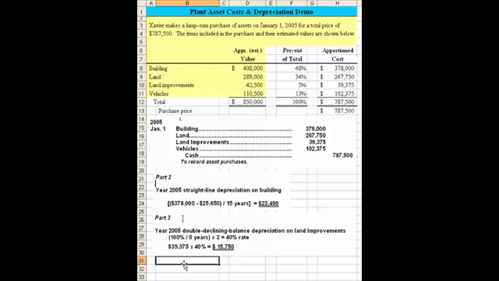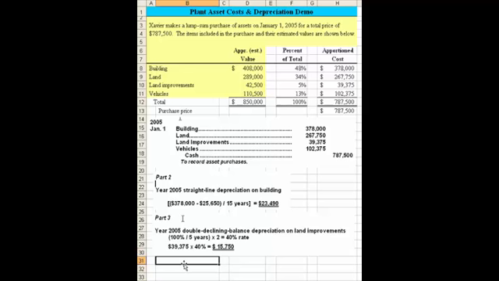We simply take the straight line rate, which would be the cost assigned to whatever asset we're using, divided by the number of years of its life. That gives us the straight line method. It excludes any residual. That's the way you approach it if you're using the double declining method.